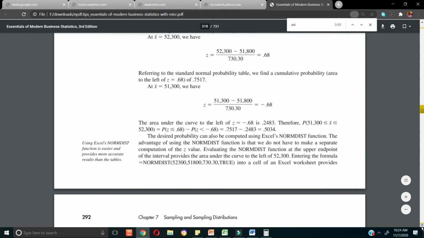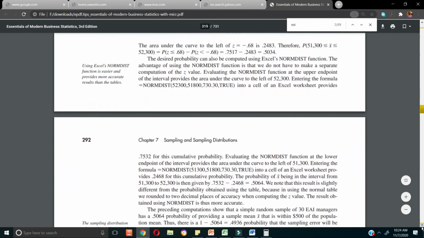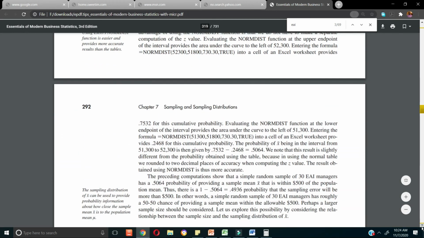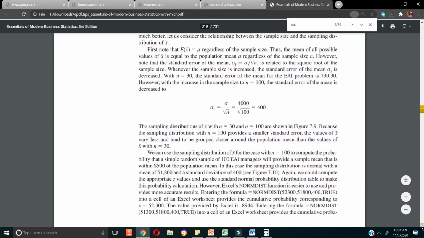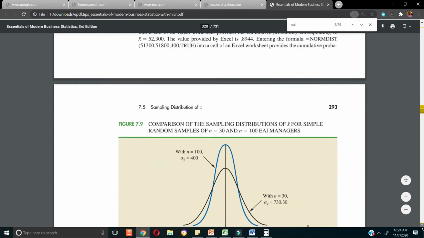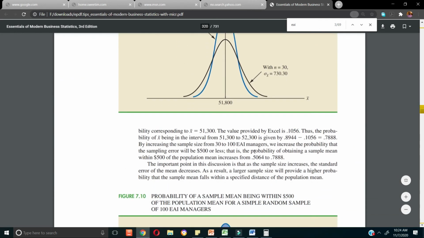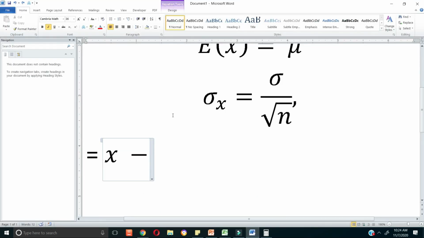These are the previous probabilities. So this is what happens when you increase the sample size. You get a probability of 0.788. So this is actually correct, what we just did.